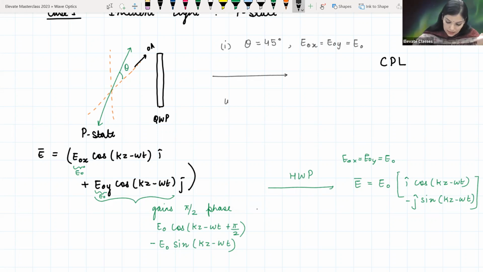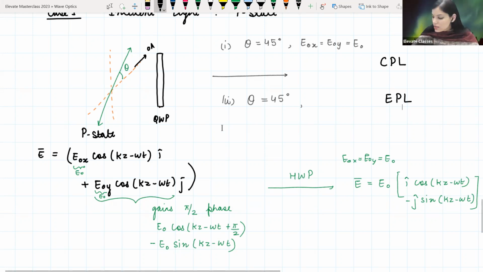And the second case is that this theta is actually not equal to 45 degree, and there is no relationship between EOX and EOY. Uska value kuch bhi ho sakta hai, equal bhi ho sakte hai, unequal bhi ho sakte hai. They are free to vary. Okay, so in that case, what will I get? I will get an elliptically polarized light on the output.